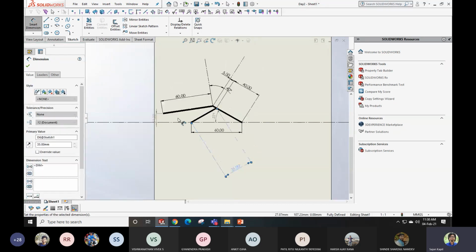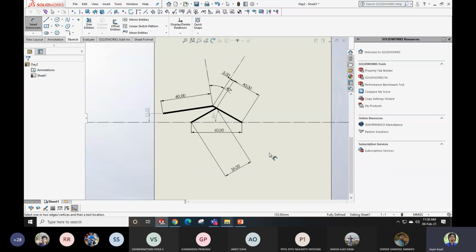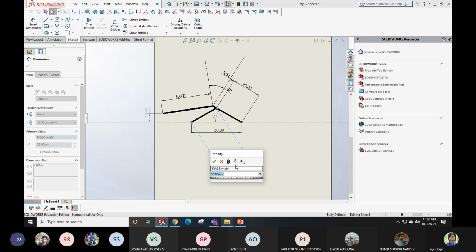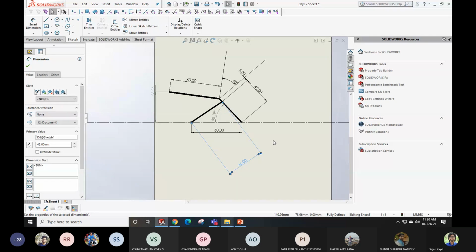then it will be 11.22. Correct? So 11.22 minus 38.36.